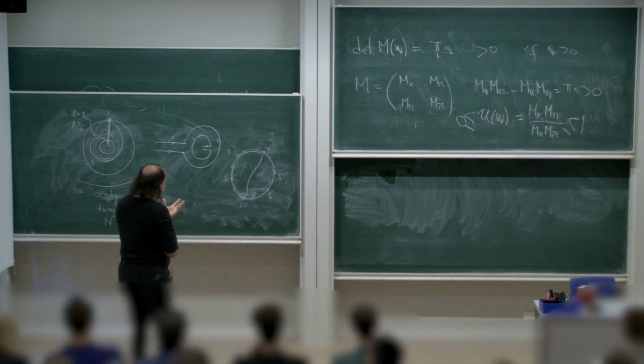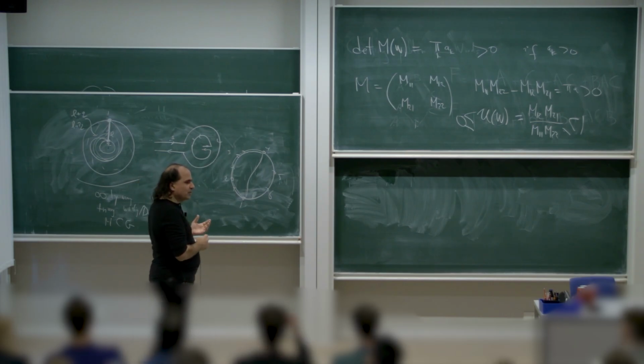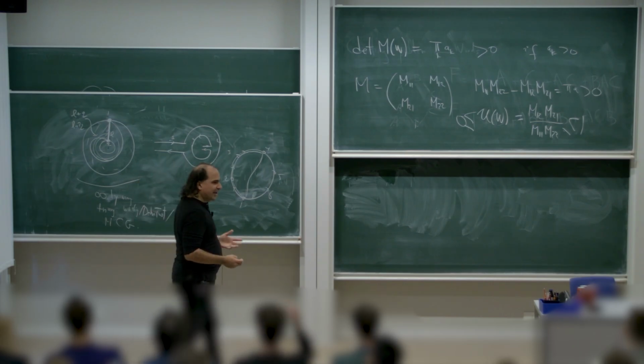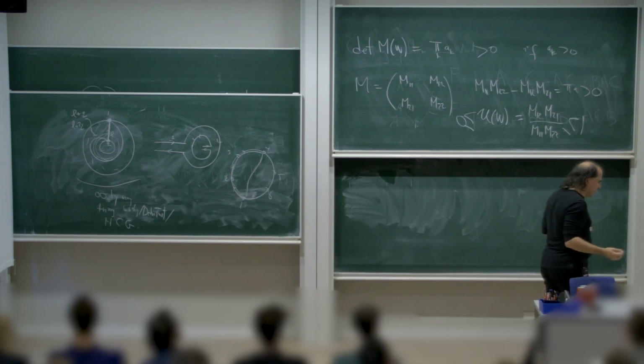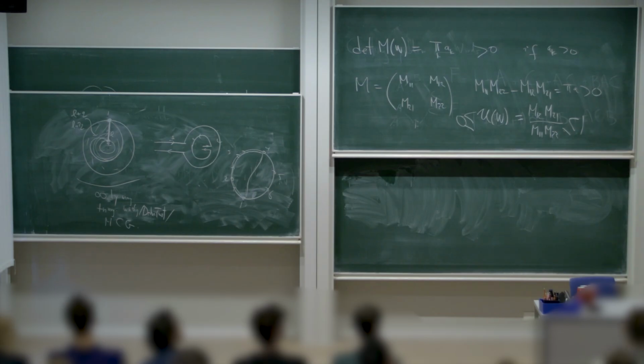If you wanted to do that, it would not be such a fun thing to do. But there are much simpler ways of modding out by the mapping class group. So what a physicist would call the Faddeev-Popov trick, what mathematicians would call the Mirzakhani kernel, are very straightforward ways of just modding out by the mapping class group to get the answer.